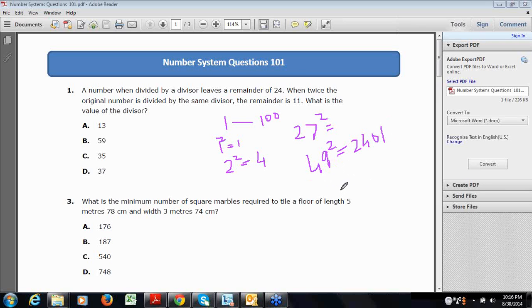Subtract this number from 50. 50 minus 49, what do you get? 1. The square of 1 is 01. Subtract this 1 from 25. What is the value? 24. So 2401. That will be the square of any number less than 50.